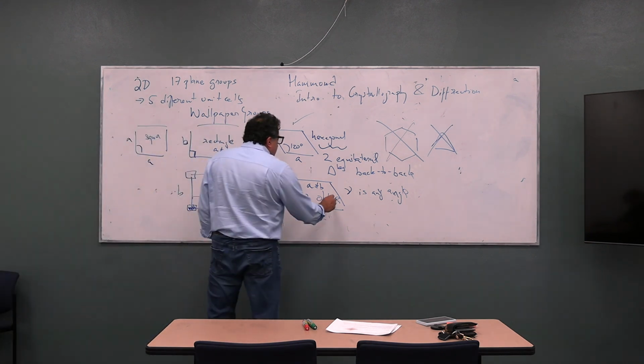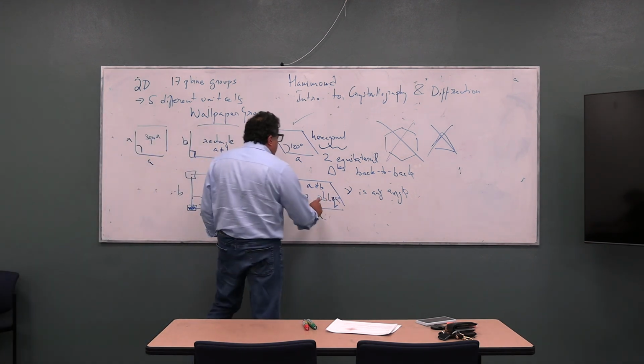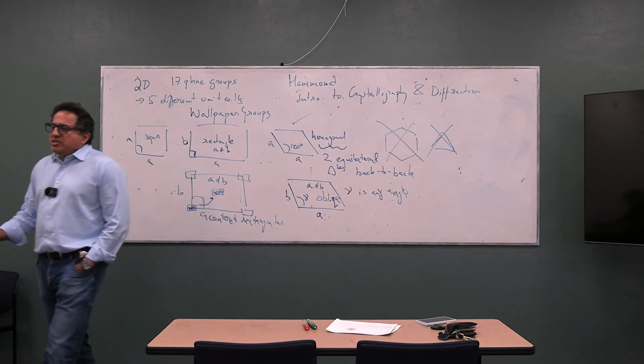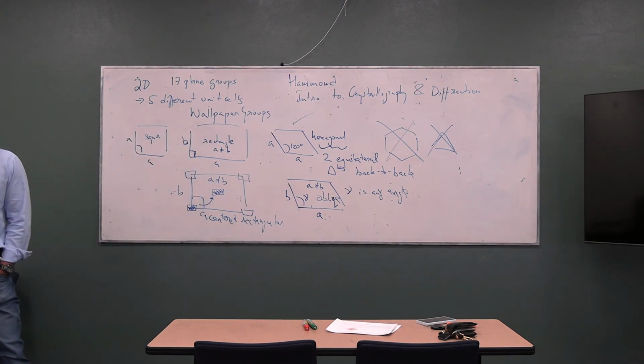Oblique. So, do you know what the shape is called? What is the shape of the oblique cell? What kind of a geometric shape is it? Say it. Poly? But polygon is any closed object. I thought you were going to say another P word. What kind of a shape is it?